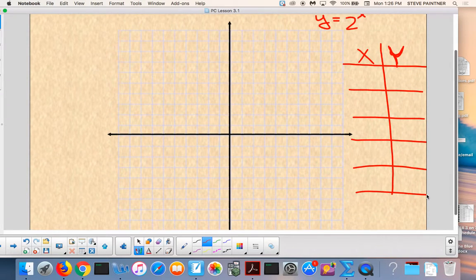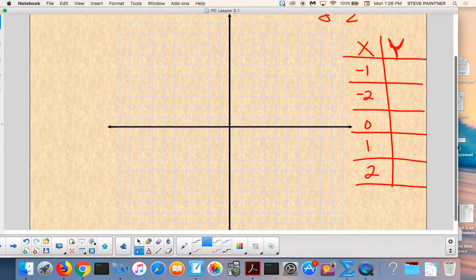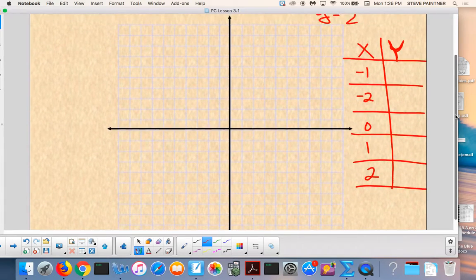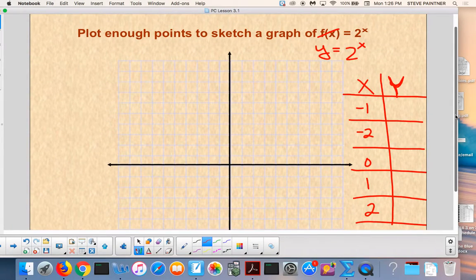So what are some easy numbers to put in? 2, 1, 0, negative 1, negative 2.